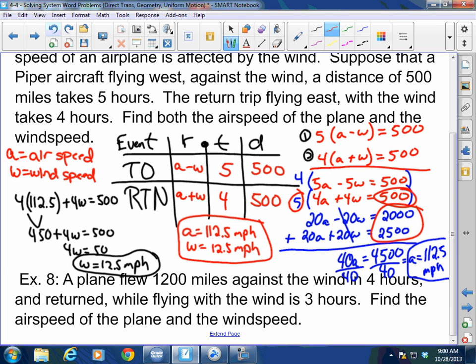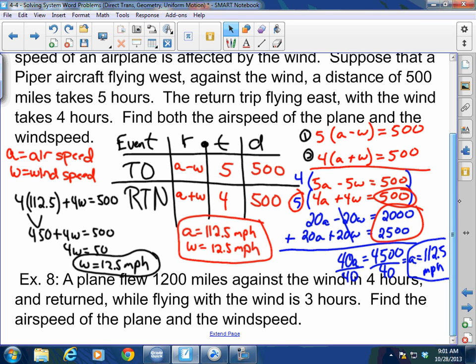On average, the wind speed is going to be less than the plane's airspeed, correct? Unless, God forbid, they're in a storm. Hurricanes can have winds of up to 200, 250 miles an hour. But does that make sense, this answer? Yeah, it's always good to think about the logic about making sense of that, okay?